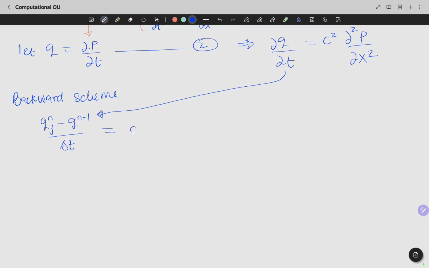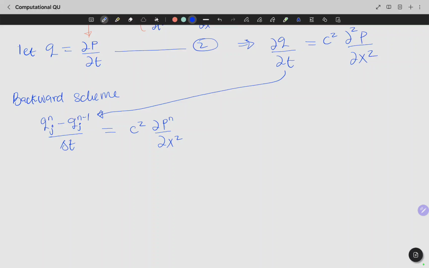So that is going to be c squared dp, but p will still have n anyways, by dx squared. So that's what you got.